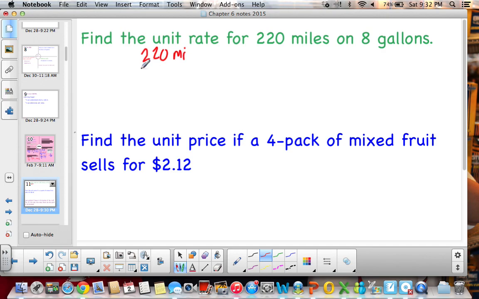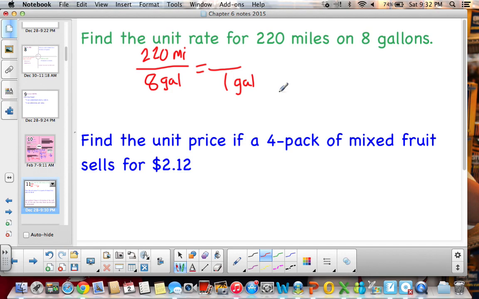It's a good habit to write out the units after it. I didn't do it on the slide before. But 220 miles in 8 gallons. So I want to find the unit rate, which is however many miles for 1 gallon.